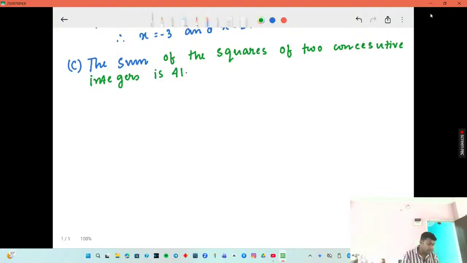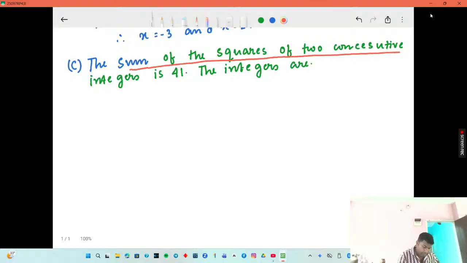The integers are. So here is the sum of the squares of two consecutive integers. Here it is written two consecutive integers. So first we have to let what the integers are.